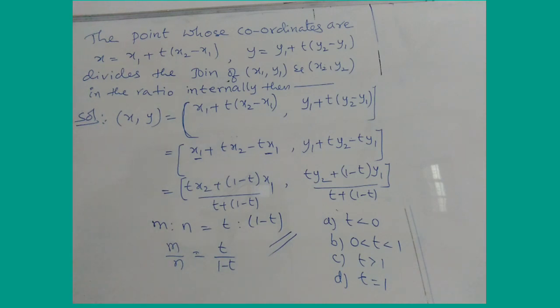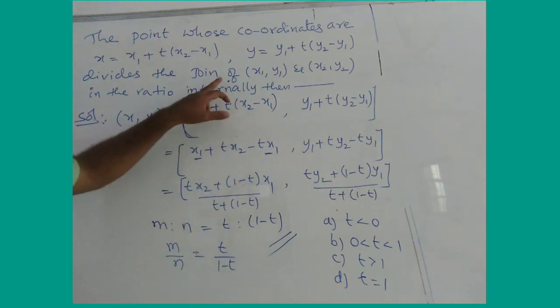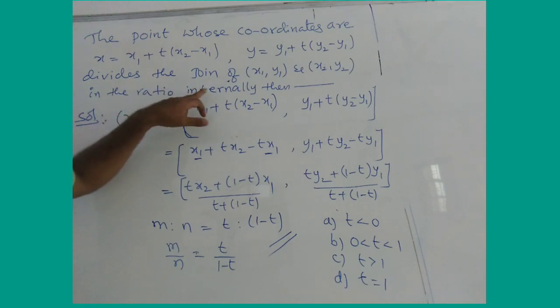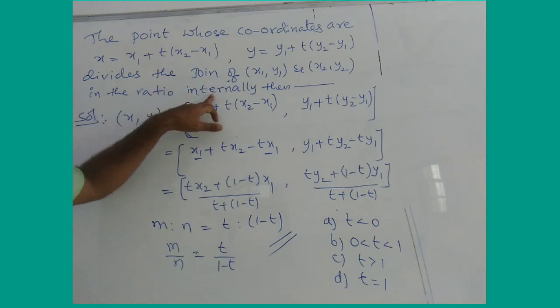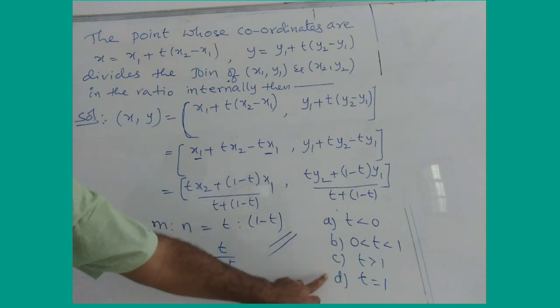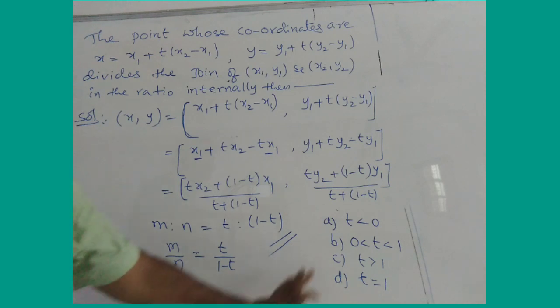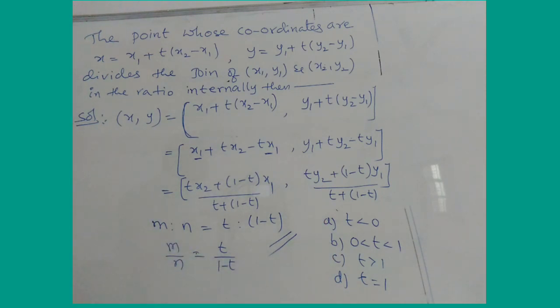So earlier we have to find what is the ratio. Now he is asking that it divides into some ratio, that too internally. Then which of the following statement is true? So everything until here the same thing.